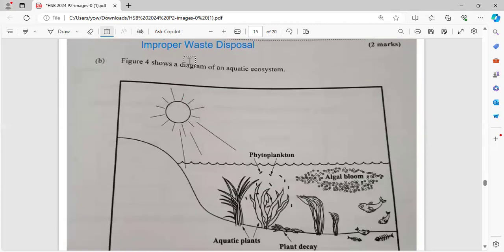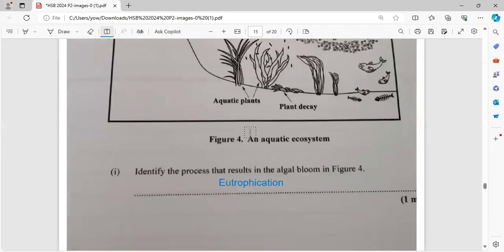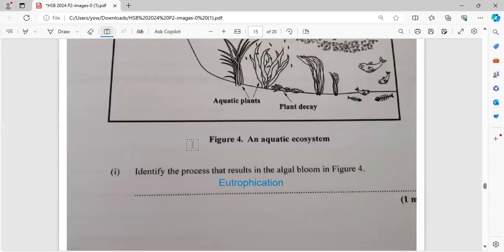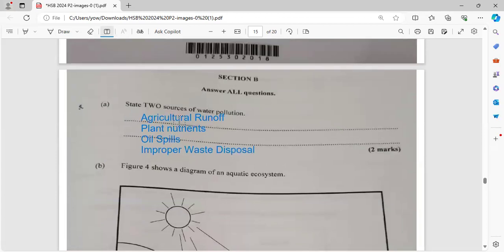Next, we have figure 4 showing a diagram of an aquatic ecosystem. Identify the process that results in algal bloom in figure 4. And we can see algal bloom here, and that is eutrophication, right? And that is basically what we were talking about with plant nutrients.